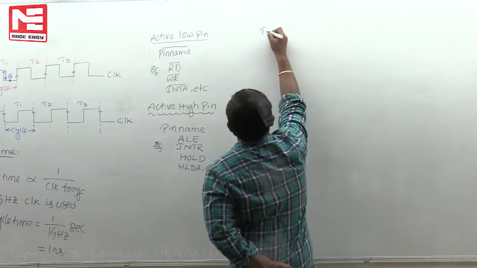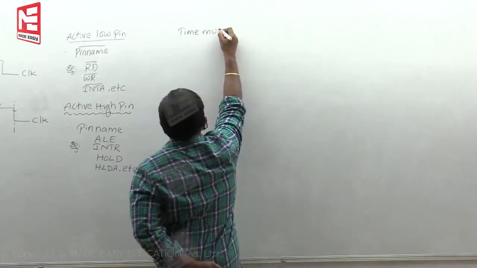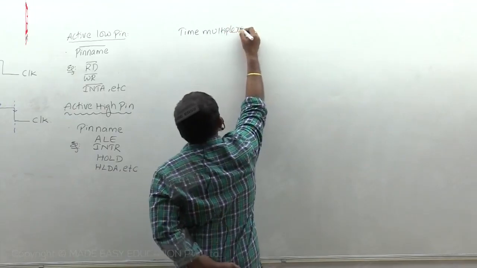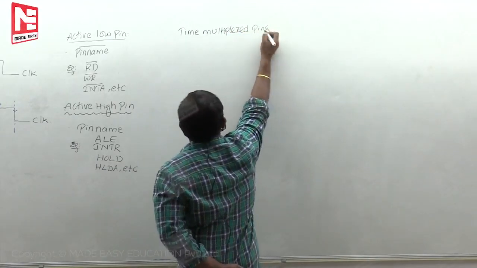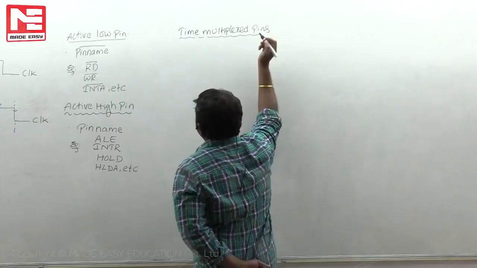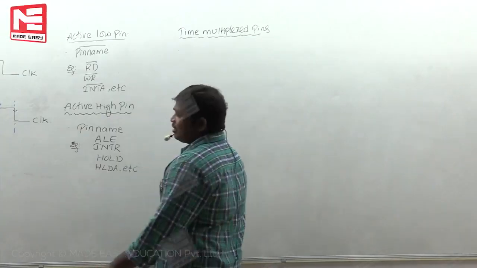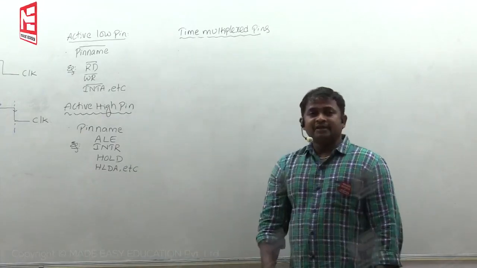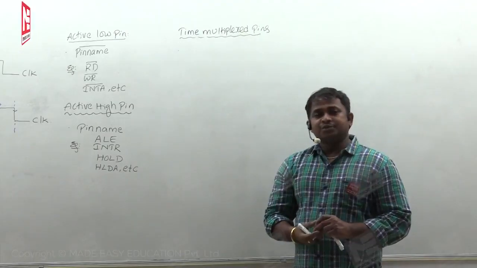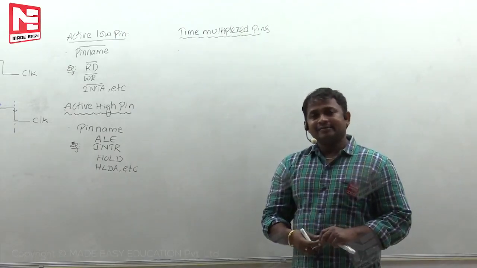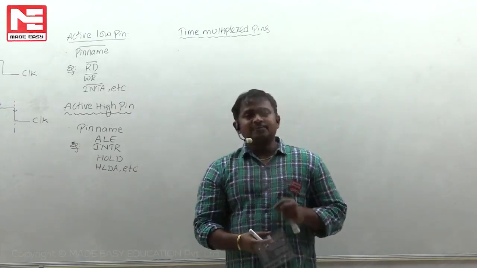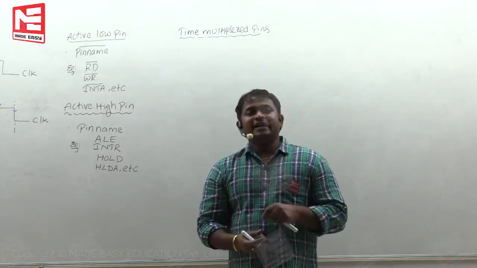Then time multiplexed pins. In the CPU design, time multiplexed pins are used to carry the address and data. That means the same address pin is used to carry the data also.